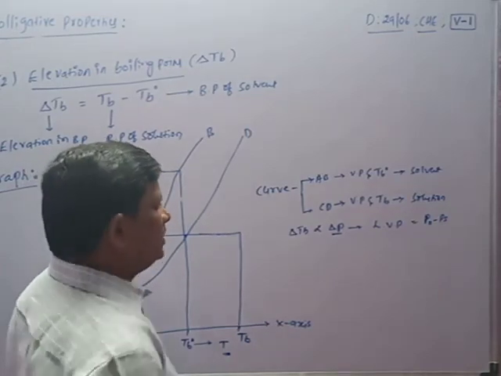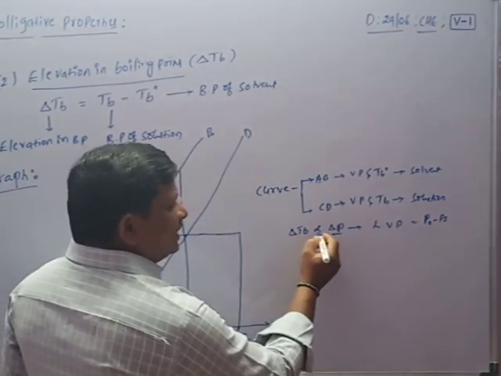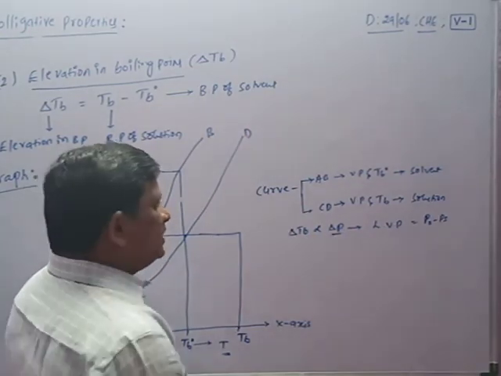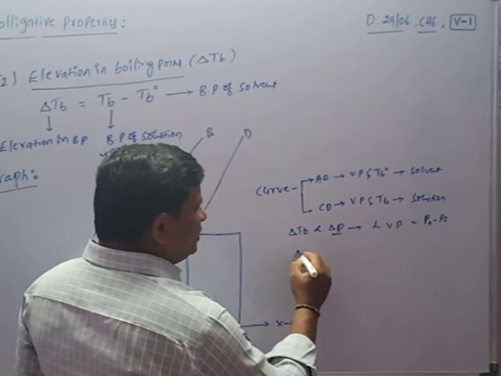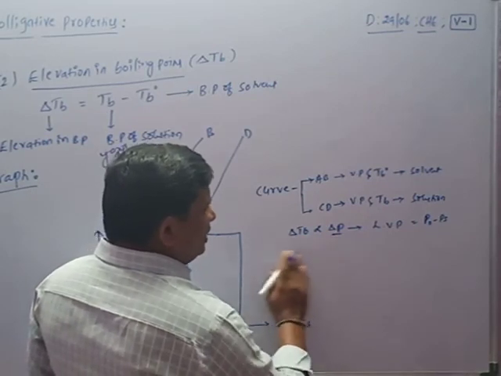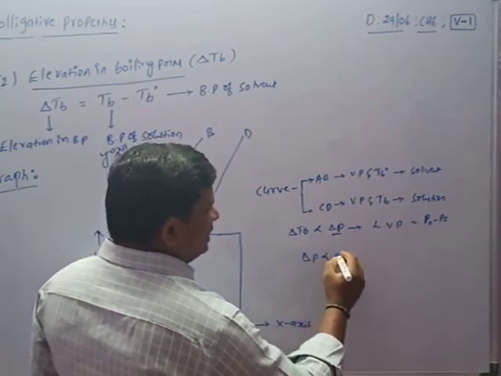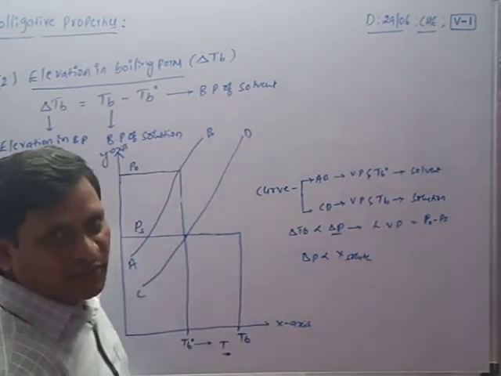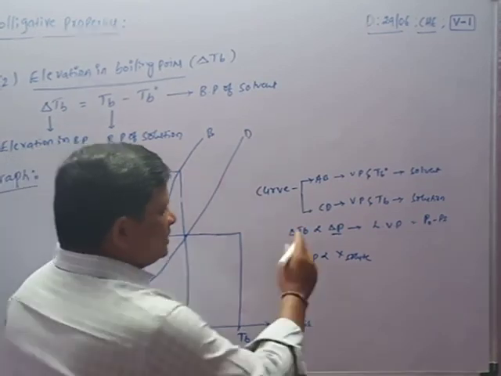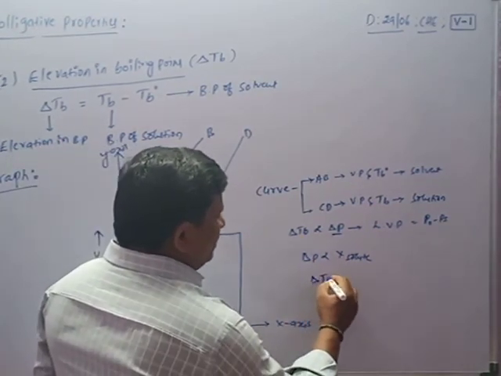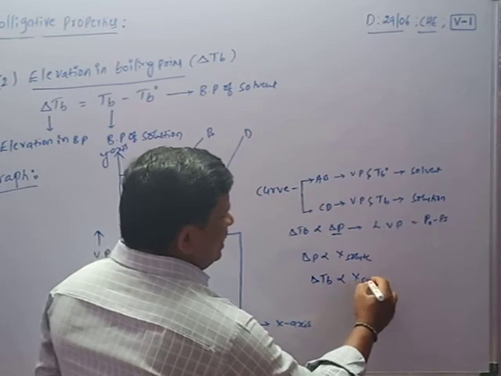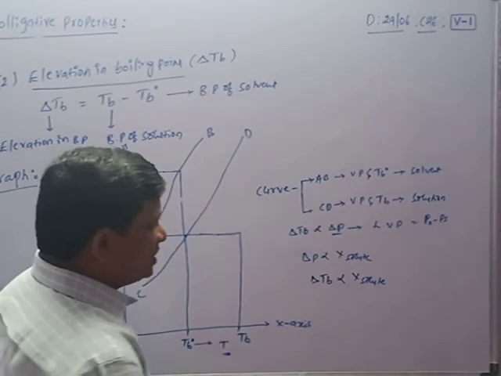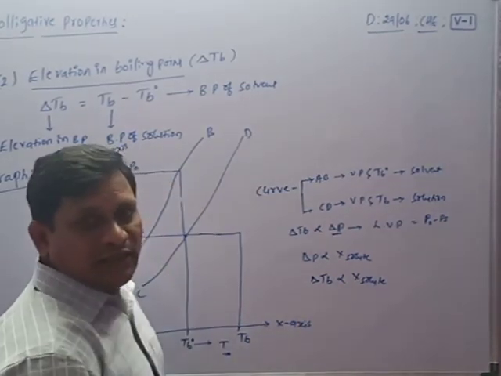According to Raoult's law, delta P is directly proportional to X solute. So delta TB is directly proportional to X solute, wherein X is the mole fraction.